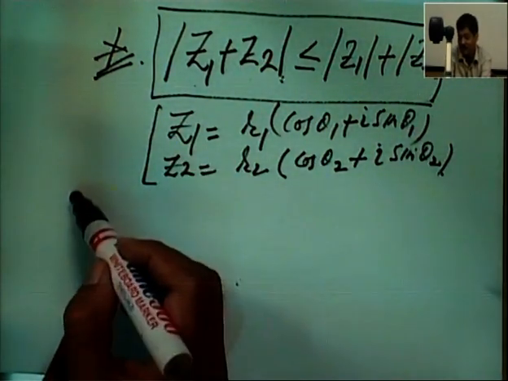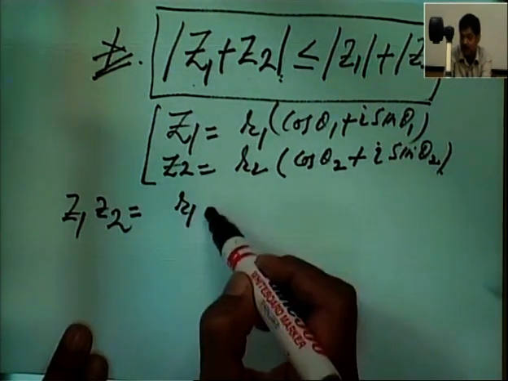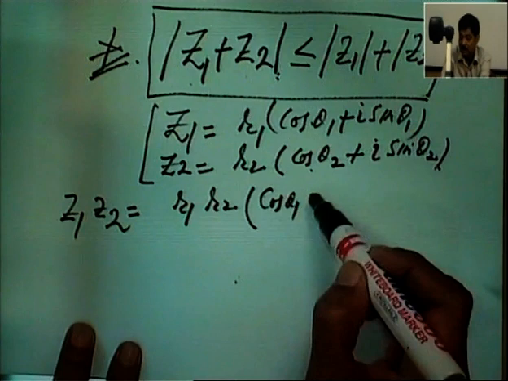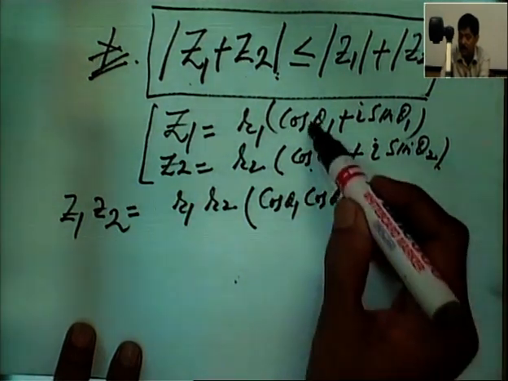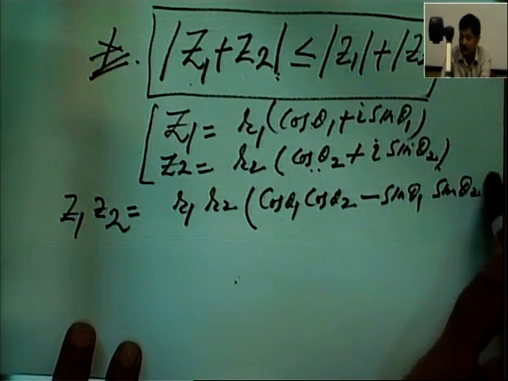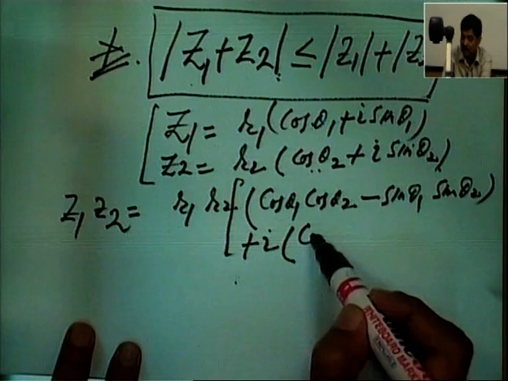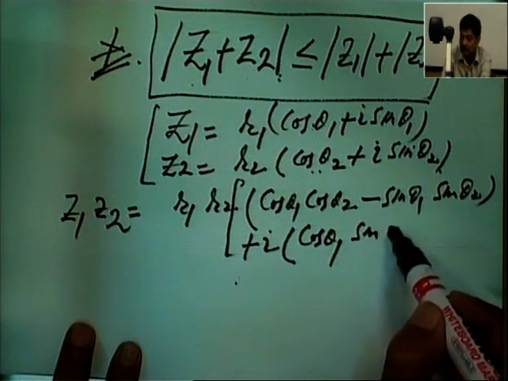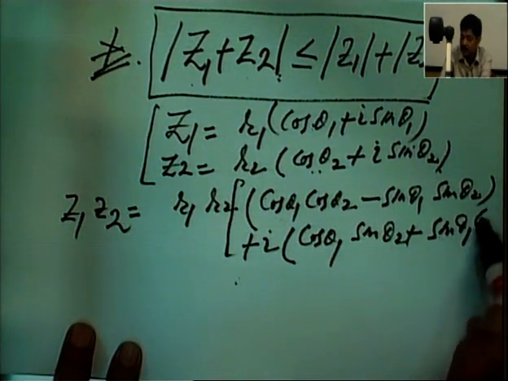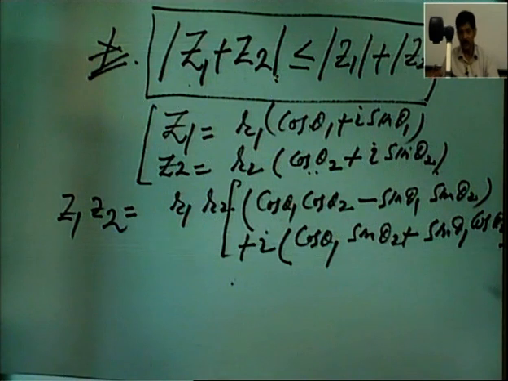I have the normal multiplication, that is z1 z2 is r1 r2 into cos theta 1 cos theta 2 minus sin theta 1 sin theta 2 plus iota into cos theta 1 sin theta 2 plus sin theta 1 cos theta 2. This is just trivial multiplication.